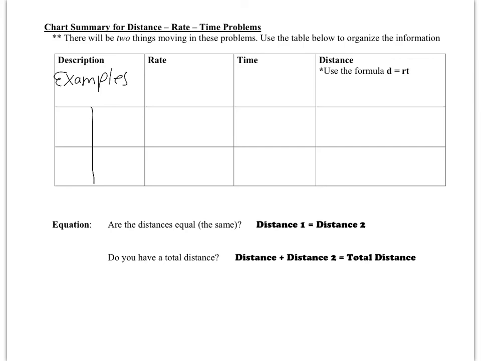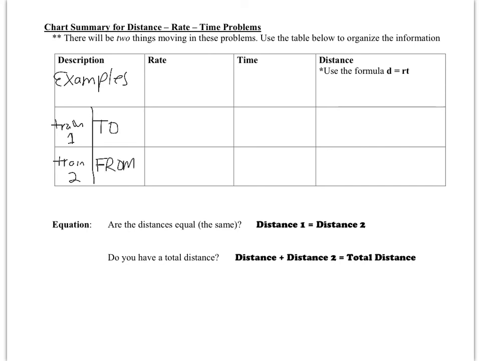It could be train 1 and train 2, two different trains happening. We could have two people, like Joe and Bob, or you're taking a plane ride. You're going to a place, and then you're coming home, so that would be like to and from.